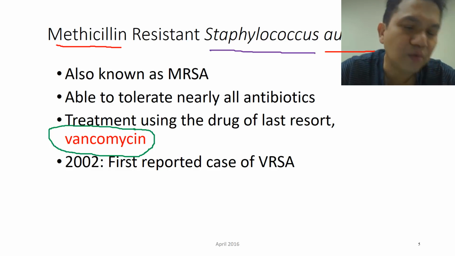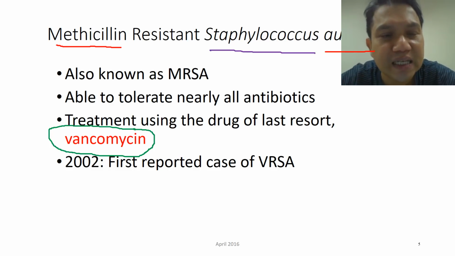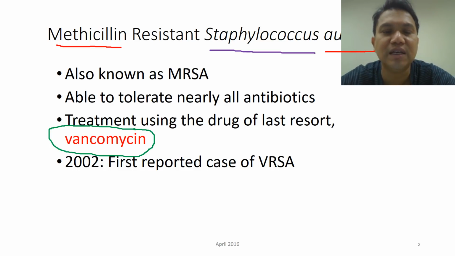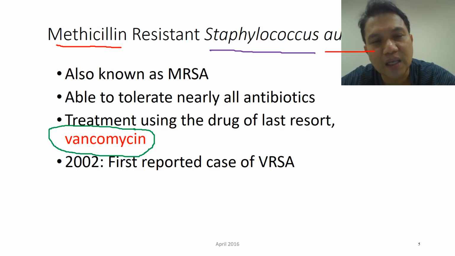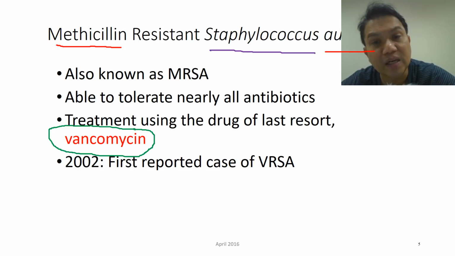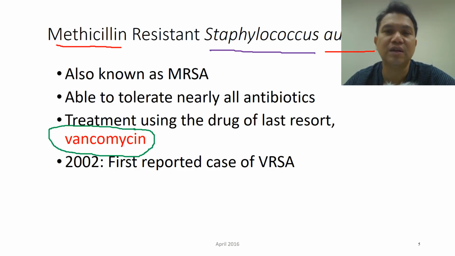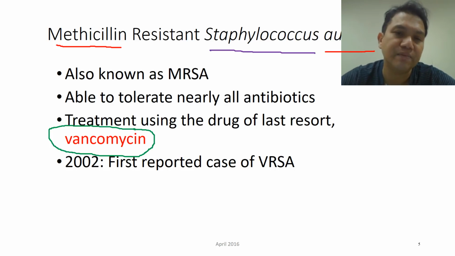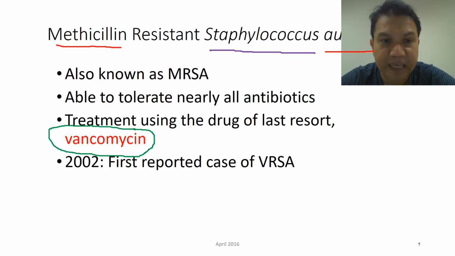Vancomycin, ladies and gentlemen, is a very, very strong antibiotic. And guess what? Even this commando-trained antibiotic has failed now, because in the year 2002 it was discovered that there is a new strain of Staphylococcus aureus that is even resistant to vancomycin. They are even bigger gangsters now.